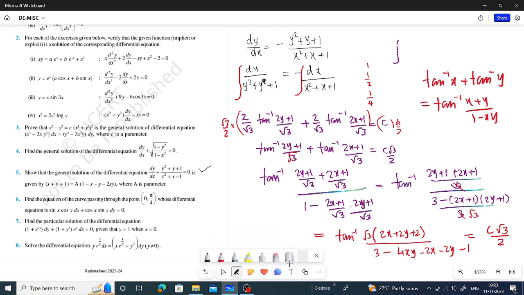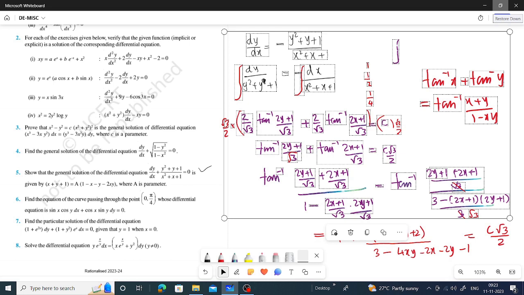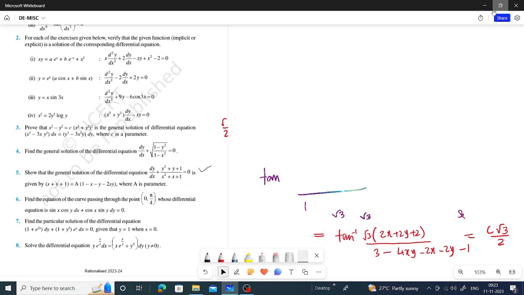So up to this we have done, and let me completely erase this much. So our solution reaches here. Okay, solution reaches here. So this is the final solution, and we can further simplify it.